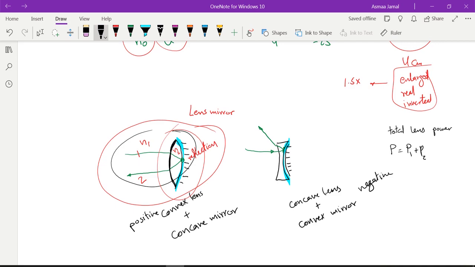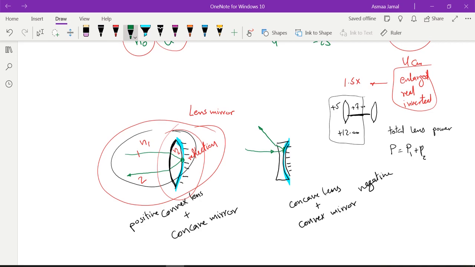So if we have a lens plus 5 here and plus 7 here, the total power will be 12 diopter. And remember, the total lens power is different from equivalent power when we have two different lenses with space between them.